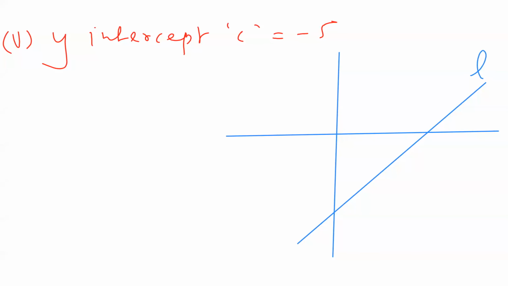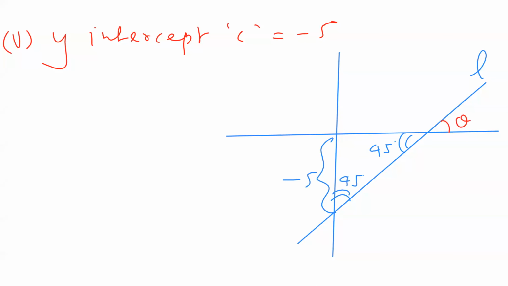Okay, so we were over here, line L. It is making an intercept of minus 5, down over here, the y-intercept, unlike the previous diagram. This line L is making equal angle with both the axes. So this is one possibility. This is 45, this is 45.